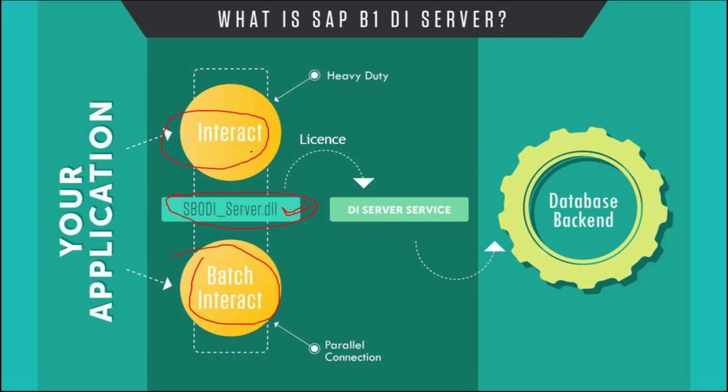Now interact passes your data one by one in a sequential manner, while with batch interact you can provide multiple envelopes, multiple data elements, combine them together and pass the whole data in a single request. The advantages are that it supports heavy duty work.